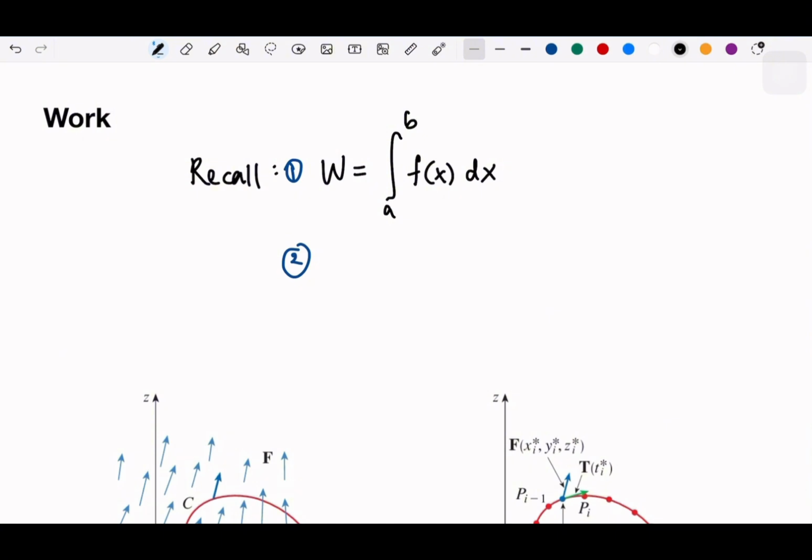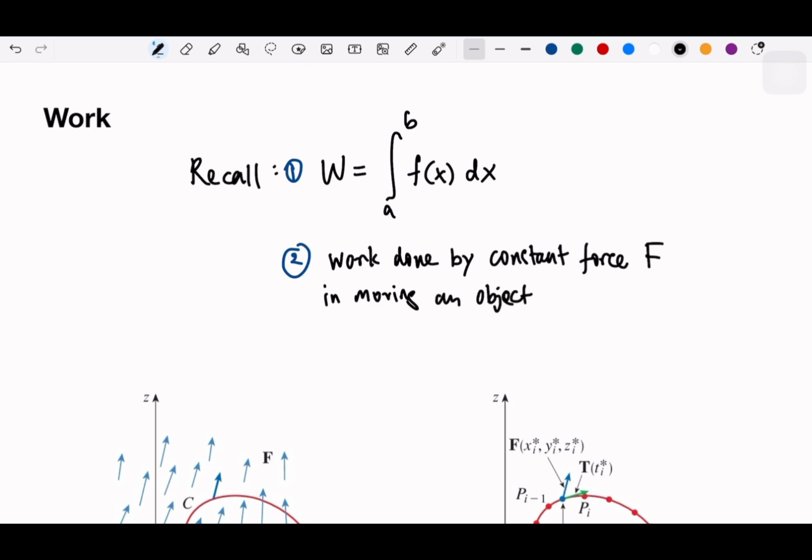done by constant force F in moving an object from P to, let's say, Q, another point in space, we can write work as F dot D. Okay?